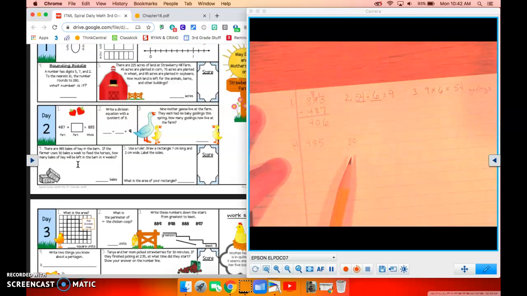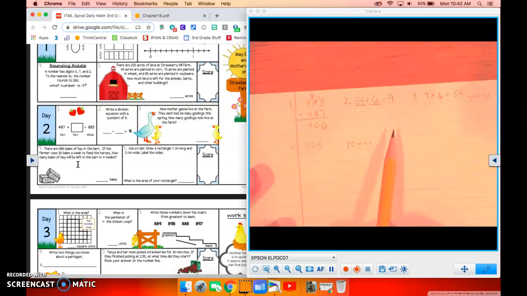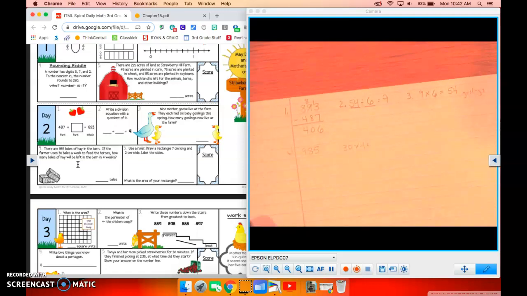If we're using 30 each week, for 4 weeks, so times 4, we need to figure out how many bales we're going to use. After that, we know the whole, we know a part, and we can find the other part of how much will be left. That's a subtraction problem.